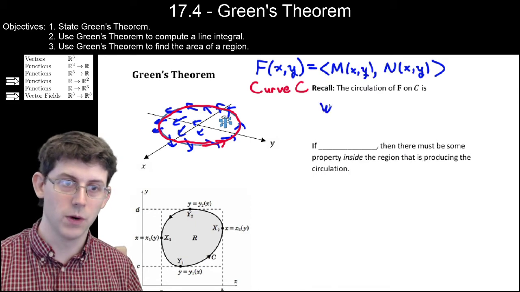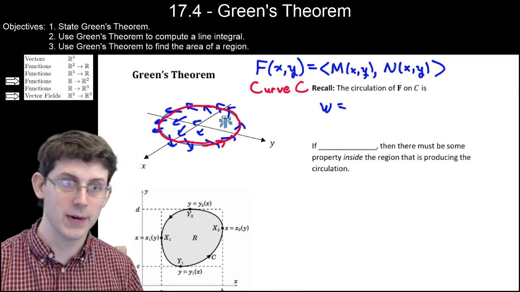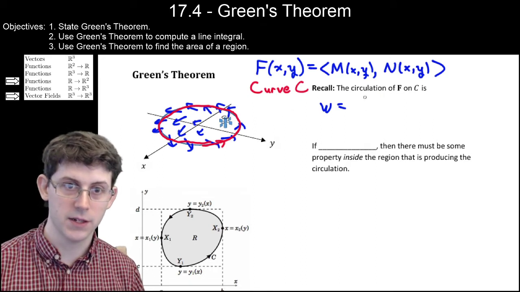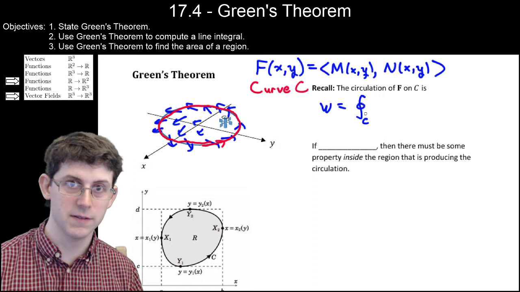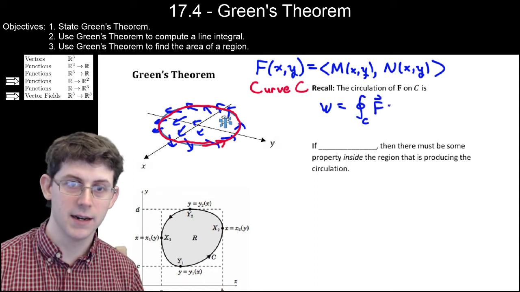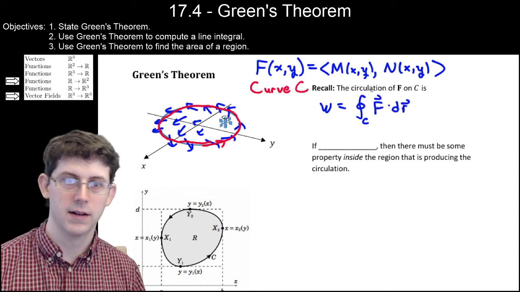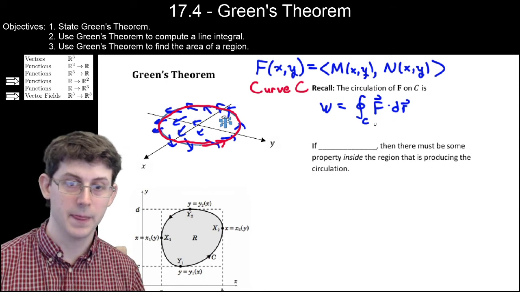And that's just the work done as you go around the loop. So it's the line integral around the curve C, it's a closed curve, of F dot dr. So this is the circulation.